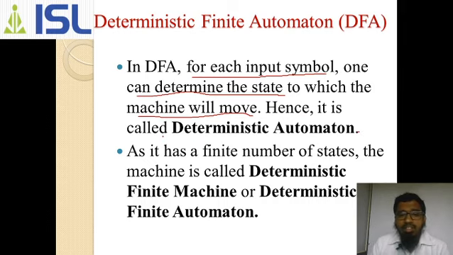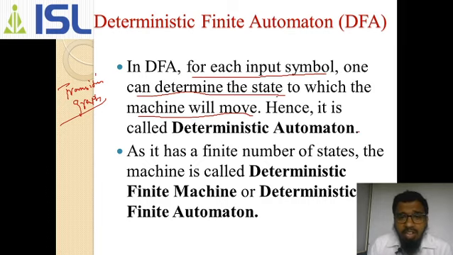In the next slide, you will see the diagram of the finite transition graph. There you can easily understand the meaning of this. Like an ATM, one can determine the state.